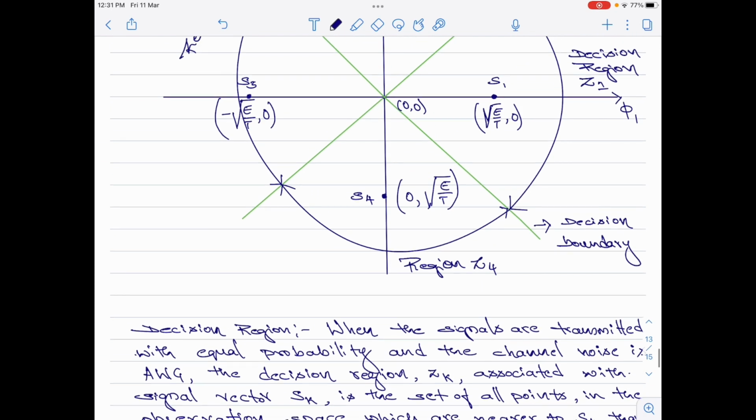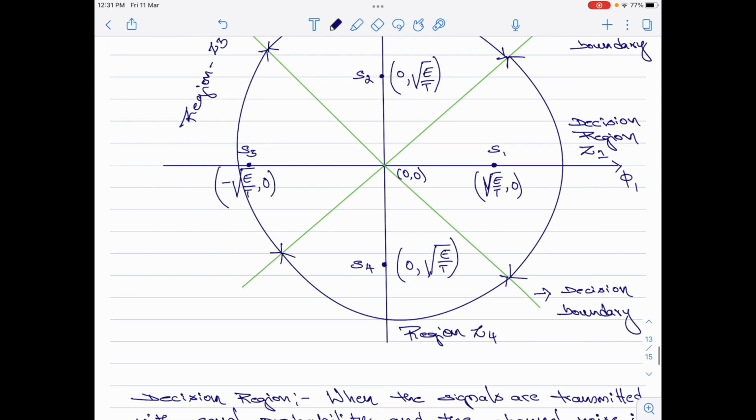Coming back to the other points, that is the distance between S1, S2, S2, S3, S3, S4 and S4, S1. The distance between these points is simply the square root of the distance from origin to S1 squared plus origin to S2 squared. That will be the distance between S1 and S2.